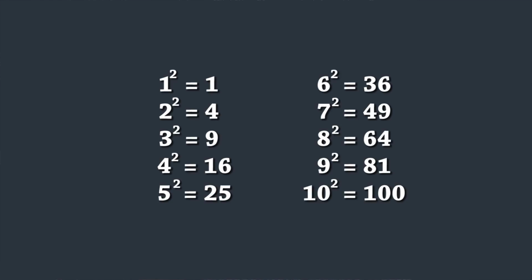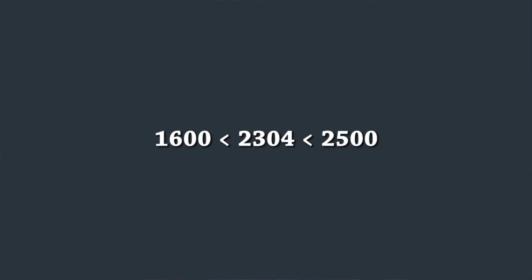From the table of squares, the unit digit 4 appears at 2 square and 8 square. So the answer is either 42 or 48. Step 5. 40 square is equal to 1600 and 50 square is equal to 2500, such that 1600 is less than 2304, which is less than 2500.